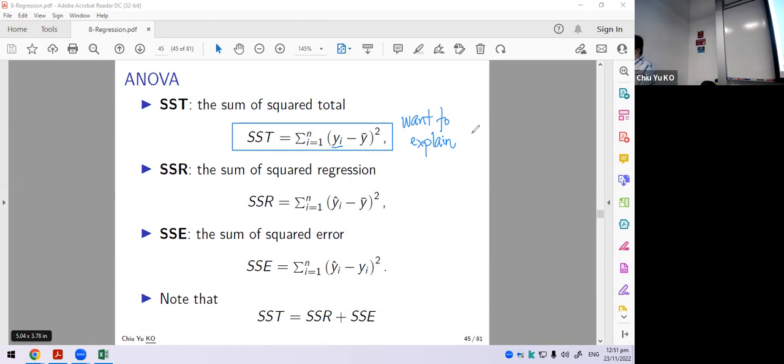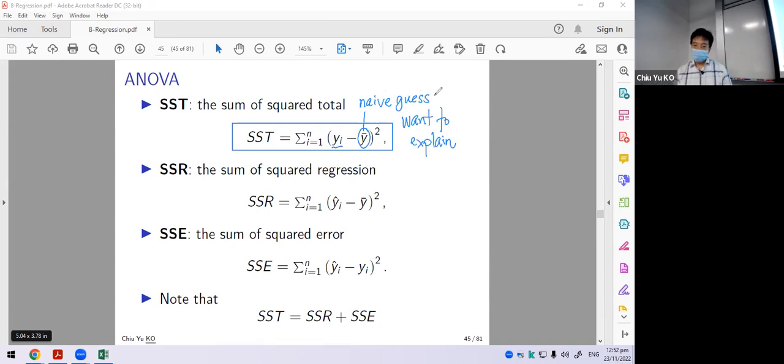It's just the overall income of the group, the population. So the difference will be the thing we want to explain, because this is our naive guess, right? It's a naive guess.